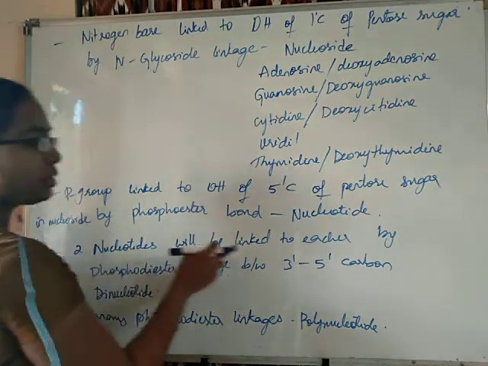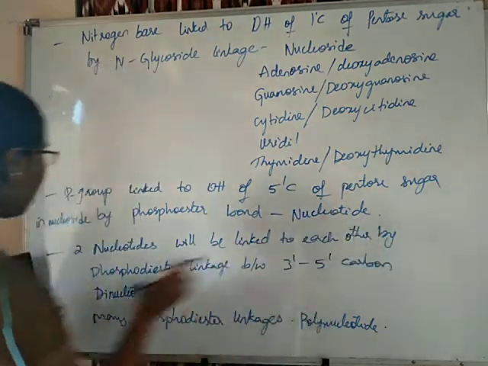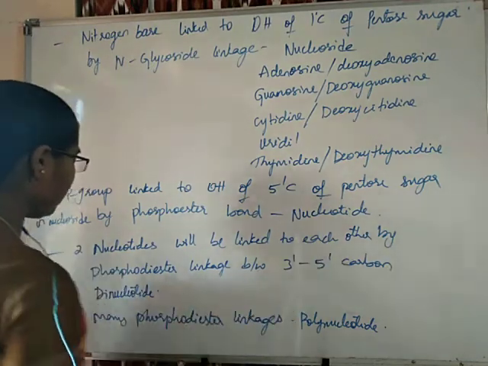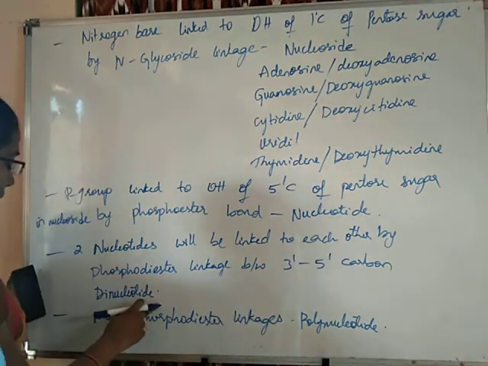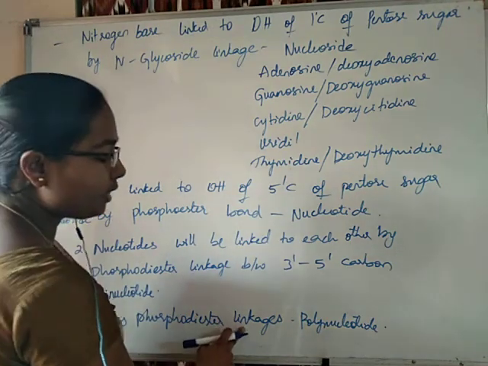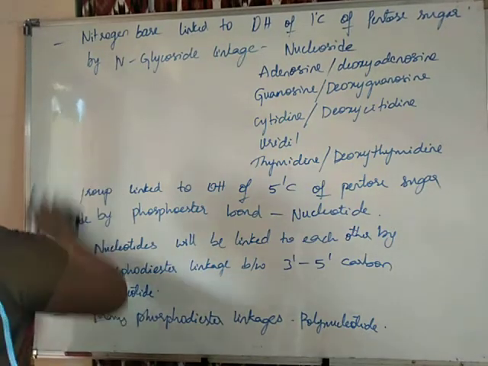Two nucleotides will be linked to each other by phosphodiester linkages between the 3rd and 5th carbon to form a dinucleotide. In this way, many phosphodiester linkages will be formed to form a polynucleotide. Let us see how these polynucleotides appear.